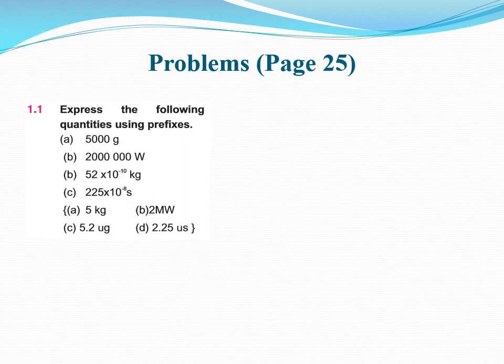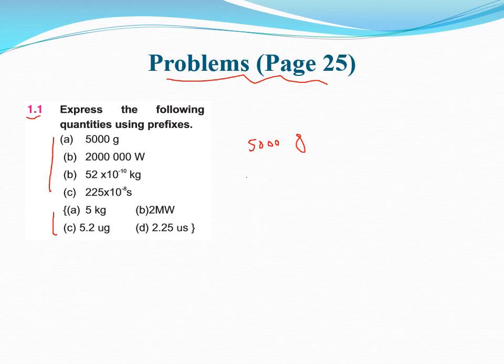Now dear students, it's the turn for problems starting from page 25. Problem number 1.1, express the following quantities using prefixes. Here there are four parts and the answers are given here. So I solved just one part. Here you have 5,000 gram.